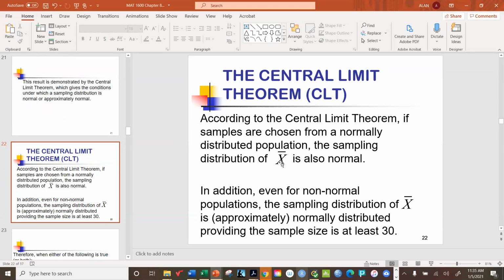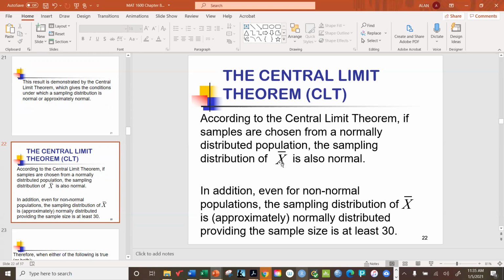But what if that's not true, or we're not sure if it's true or not? It's not always obvious if a population is normal or not. This is something we tend to assume, but sometimes we have to justify it. And there are a lot of formal tests in statistics for determining if a population or sample is normal. But what we're saying here is that if we know that the population is normal, then the X bars that we obtain from our samples also have to be normal.